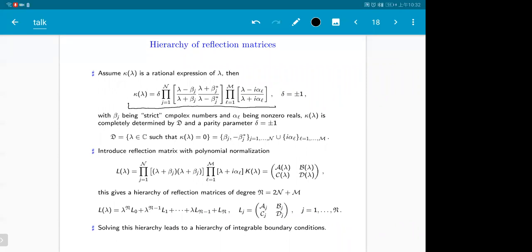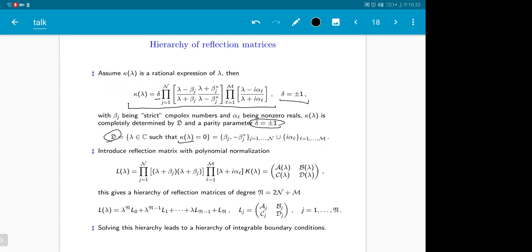This kappa satisfies the normalization property with an extra parity parameter, plus or minus. In other words, having the zeros of kappa and an extra parity parameter, we can characterize this kappa. This amounts to the definition of the set of points D.